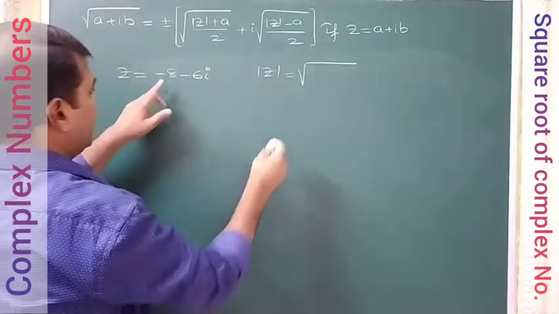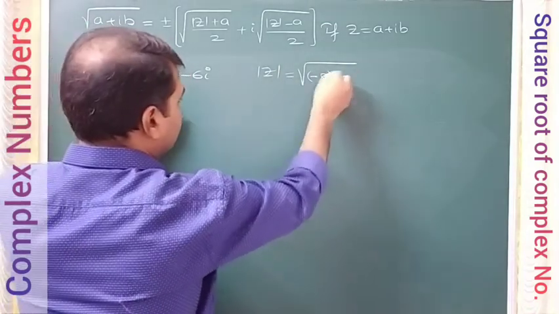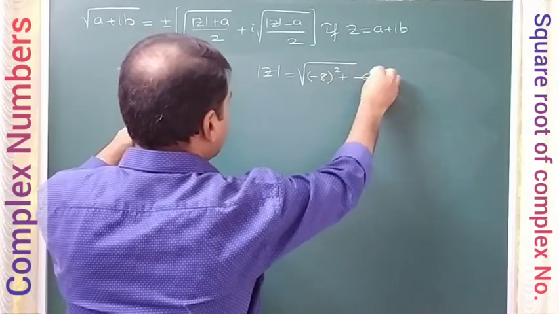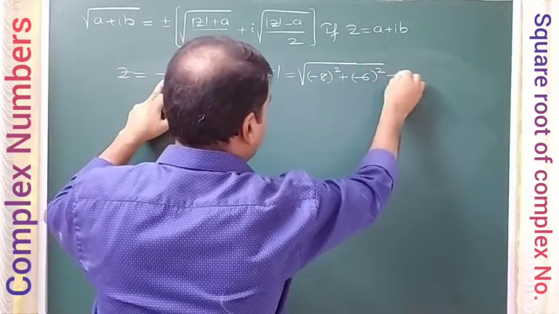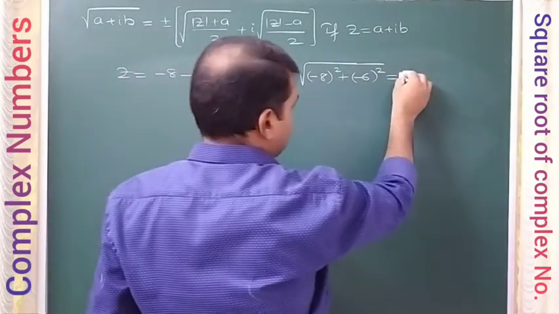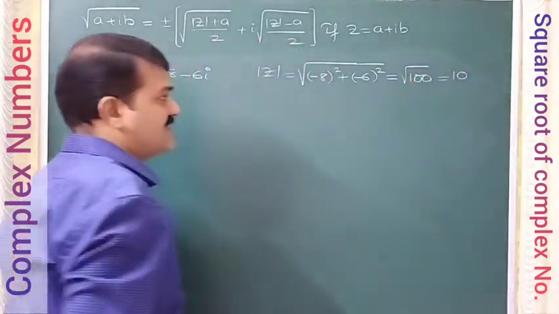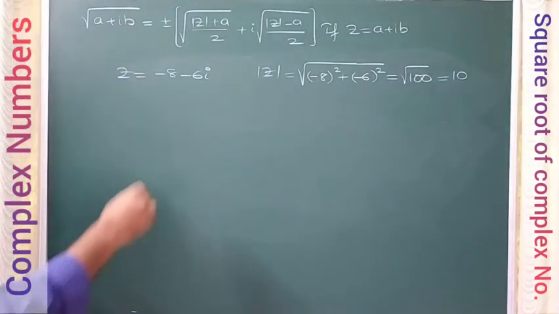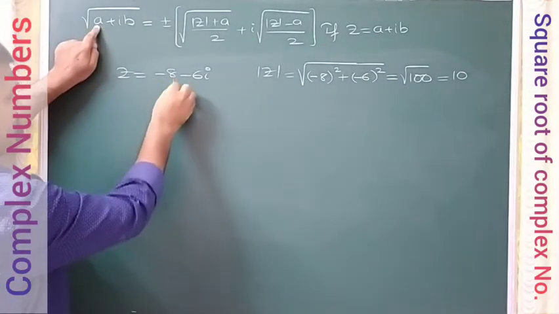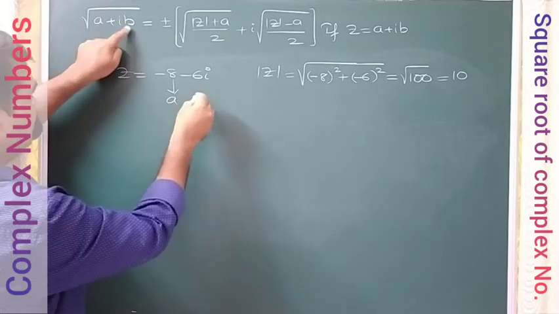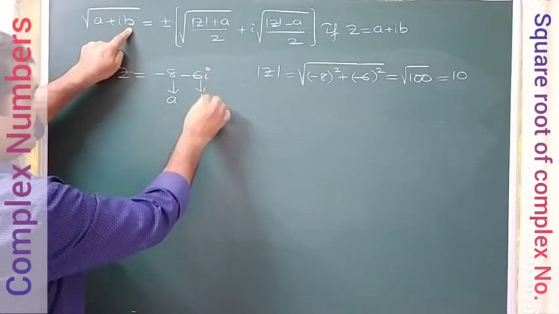Mod z will be under root a square plus b square. So under root 64 plus 36, so root 100. This is the mod z value. In place of a you have minus 8, in place of b you have minus 6.